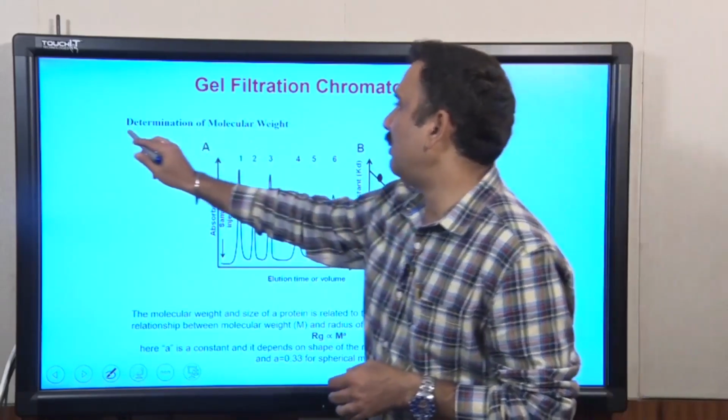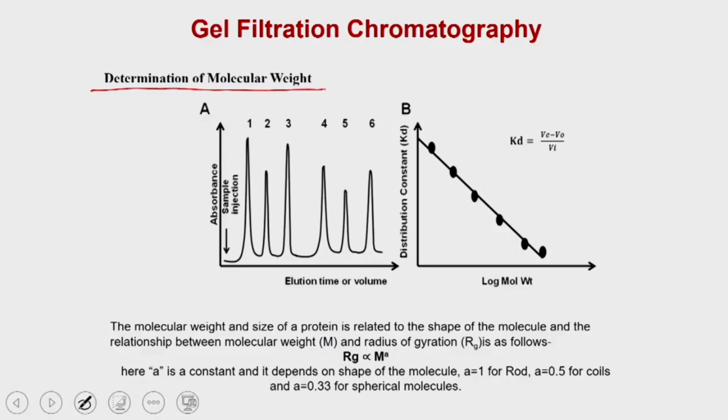So, for the determination of molecular weight by gel filtration chromatography, if you remember, for determining the molecular weight of an unknown substance or the product you have produced from the host, you have to run different proteins or substances with different molecular weights on the gel filtration column.